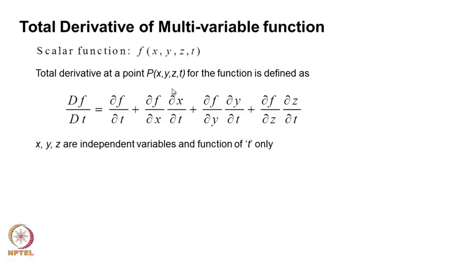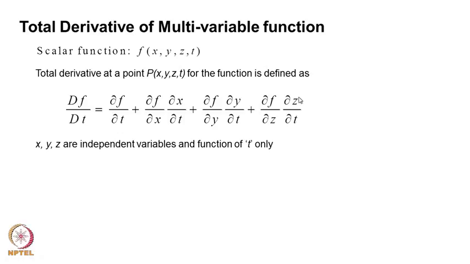Now, you can also recognize that dou x by dou t is the time rate of change of a spatial coordinate, which is actually the velocity in the x direction. Similarly, dou y by dou t is the velocity component in the y direction, and so also for the velocity component in the z direction.